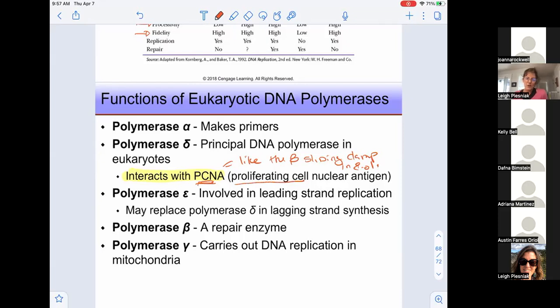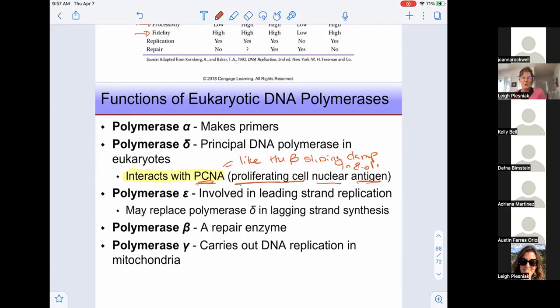A cell that's dividing is going to need DNA polymerases and the things that are required for DNA replication. So this was found in proliferating cells in the nucleus, and it was an antigen, so they must have used antibodies to find it.